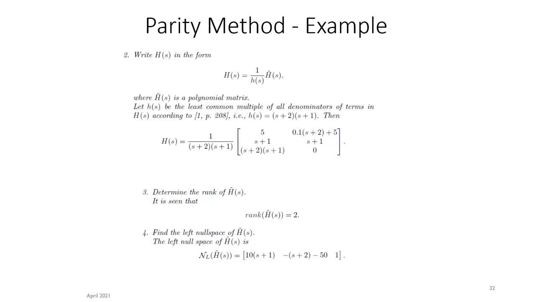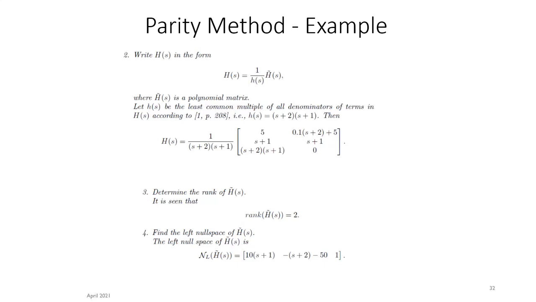But on paper, or if you want to know intuitively why the rank is 2: because you have a 3 by 2 matrix, the rank is maximum 2, but it could also be 1. If it is 1, it means that the second column is proportional to the first column. So the second column should be a multiple of the first column if the rank is supposed to be 1.